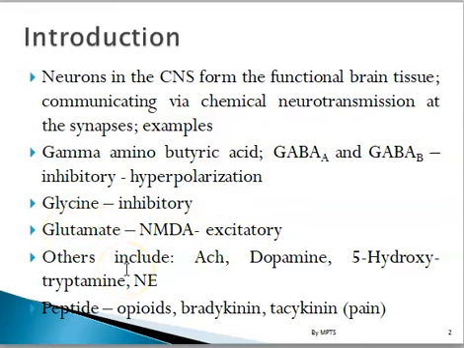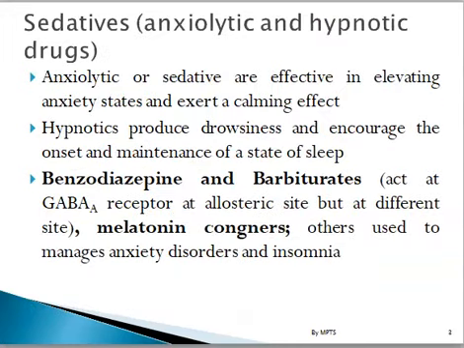The others, which we have either looked at or shall look at later on, are acetylcholine, dopamine, 5-hydroxytryptamine or serotonin, and norepinephrine. We also have peptides such as the opioids, bradykinin, and others. So most of the drugs in the CNS will be either mimicking or inhibiting these neurotransmitters.